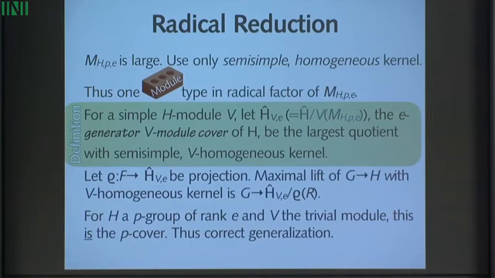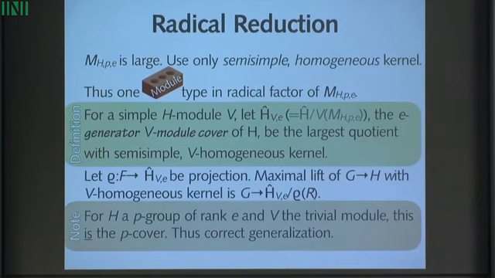Now this will be a quotient of H hat, so I get a projection also from the free group onto this. And by the same argument as for the p quotient, the maximal lift with a V-homogeneous kernel would be by evaluating the relators for G in this new cover H hat V E.